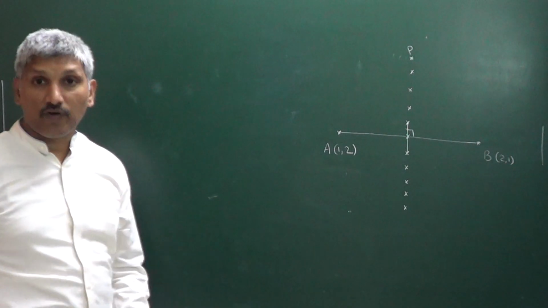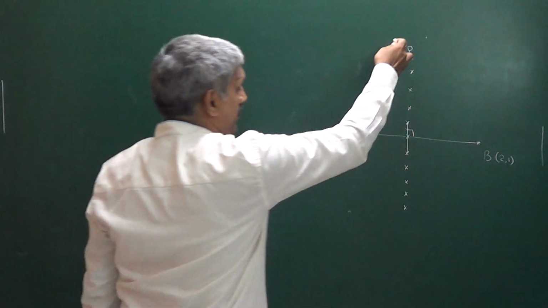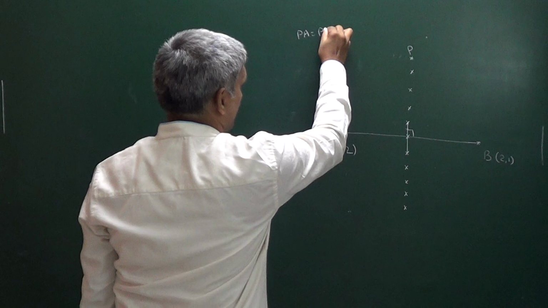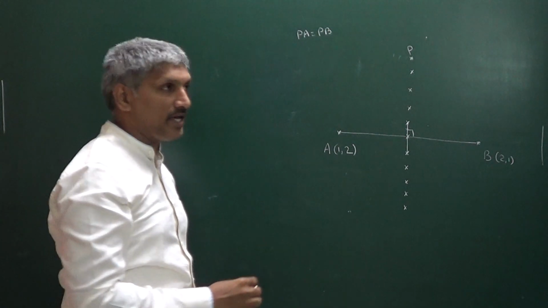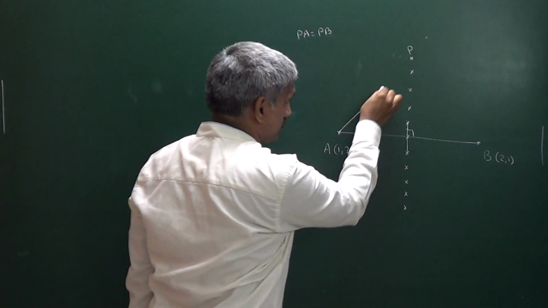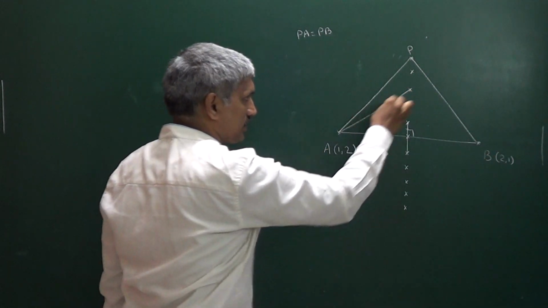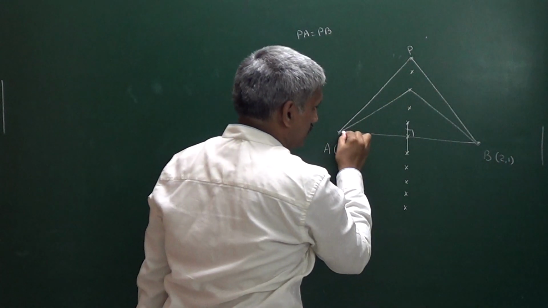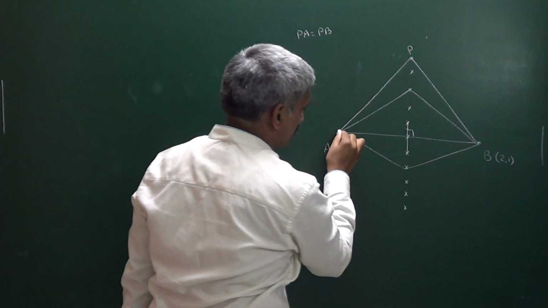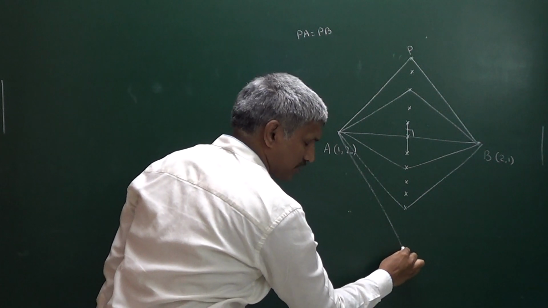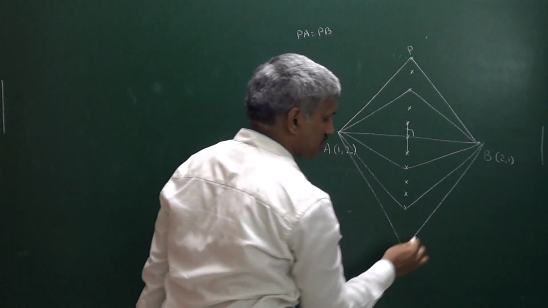He is asking to find the locus of a point P such that PA is equal to PB. PA is equal to PB means this distance is the same as this distance, and these two distances are equal everywhere.